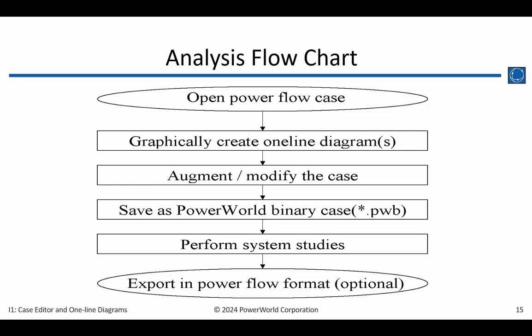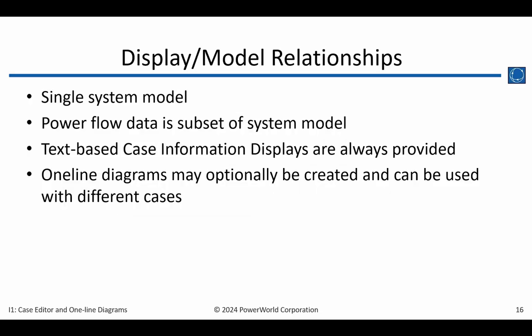So a display file or a one-line diagram is related to the objects in the system model, as we'll see in the example we do. The power flow data that's included is kind of a subset of the whole system model. And in a future section in the training, section I3, we'll look more closely at text-based case information displays. We'll touch on them a little bit in this section, and some of their features are kind of embedded in different parts of Simulator, as we'll see.